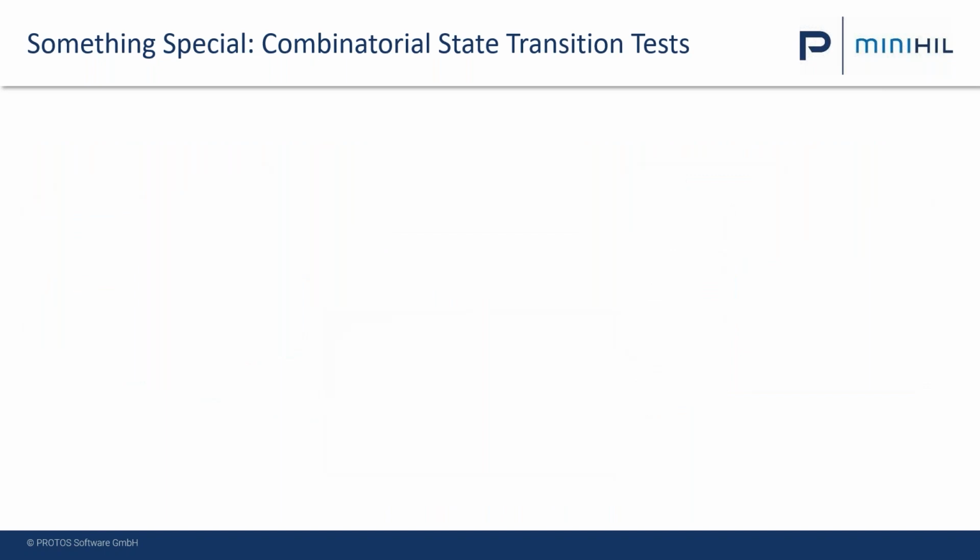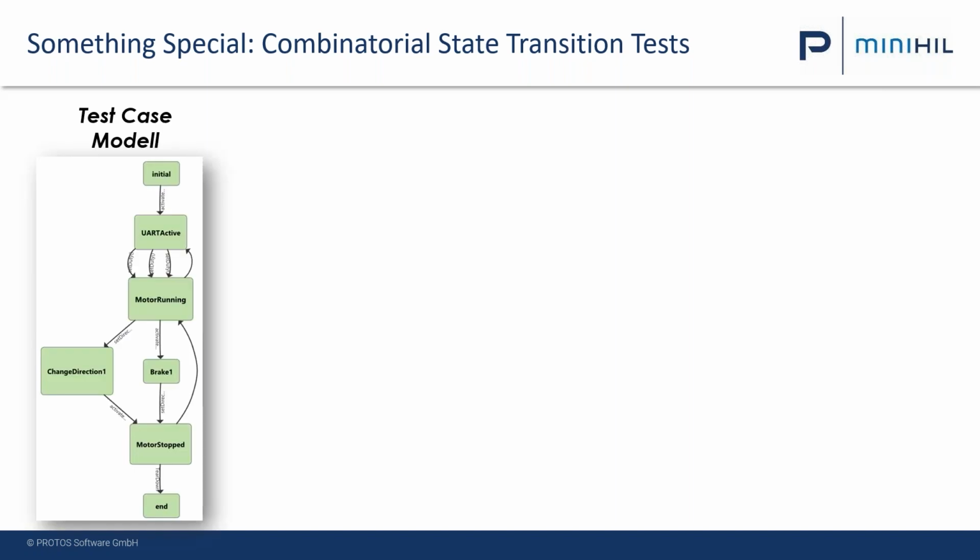Let's have a look at something special we have in the models. We also can provide combinatorial state transition tests. The idea is you model the expected behavior of your system as a state transition diagram with all the variations your system can take, all the different paths your system can take. So it's a very, very compact way to describe combinations for paths and for data.